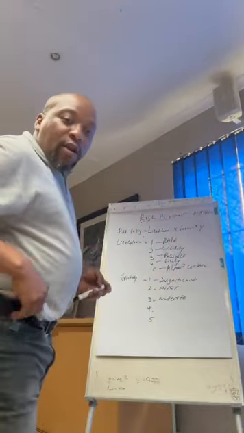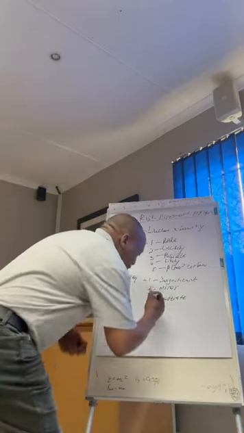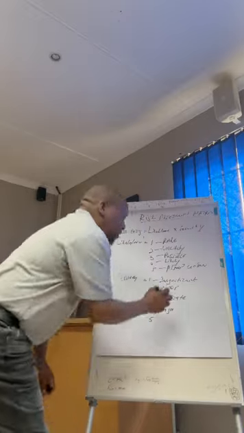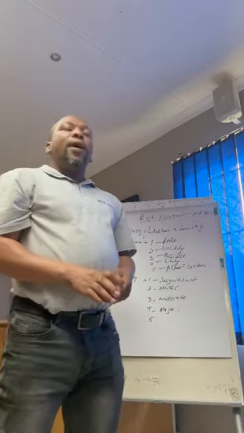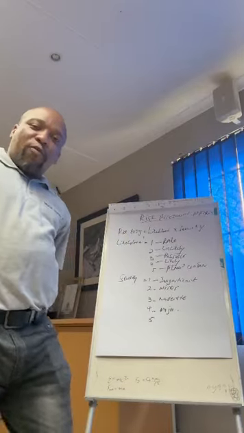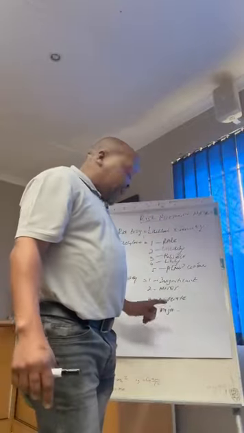Then 4 is major, serious injury, long-term absence. This means the guy was seriously injured and he's not going to be at work for 3 weeks or so. That is very long. So we're going to put that as a major.